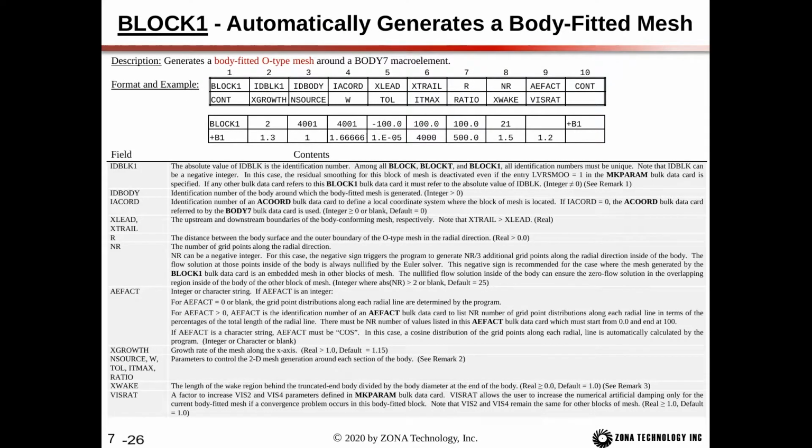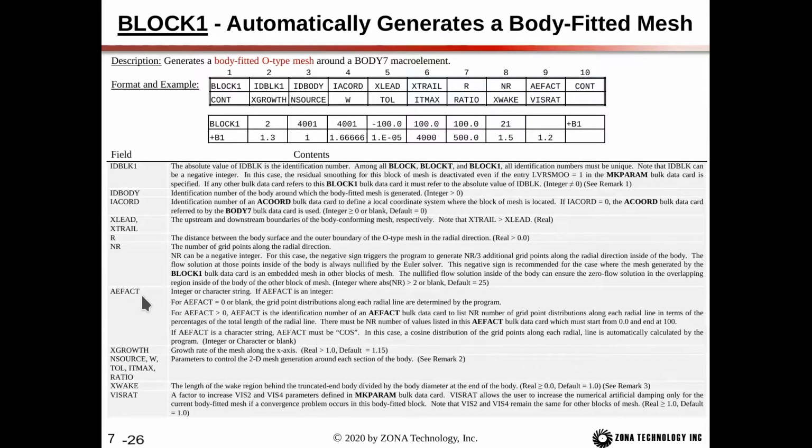This is recommended if this block 1 is embedded inside of a larger block, because we need a flow solution at all of those points to be able to interpolate back to the host block. But if the block 1 is your main block, then NR can be positive. You don't need a flow solution inside of the body in that case.